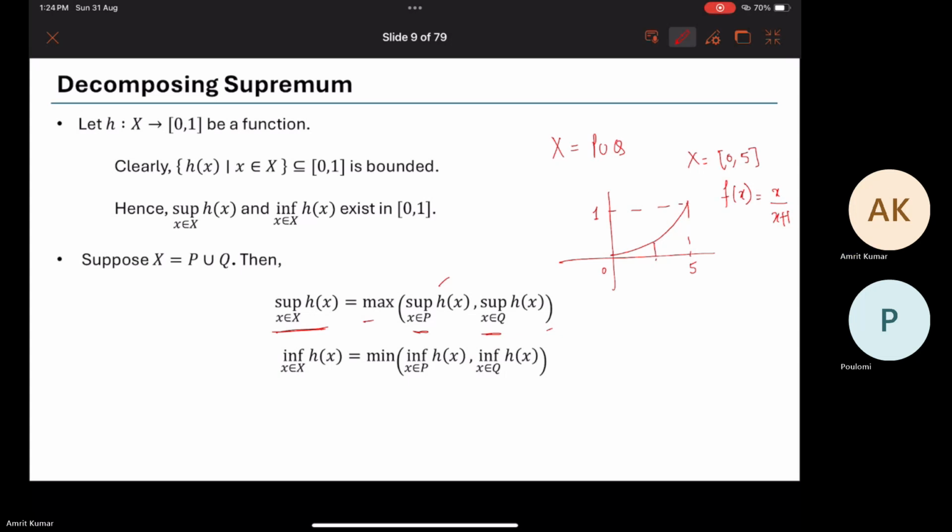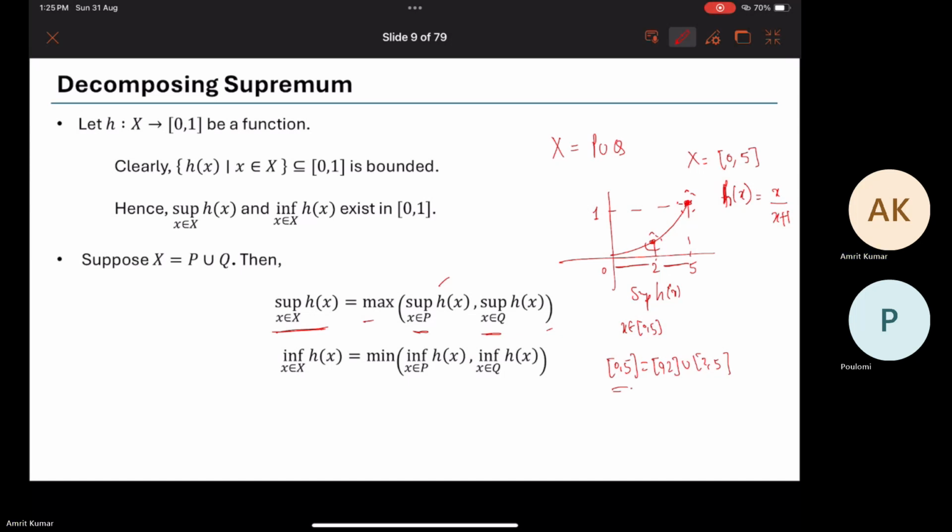Now, if I have to take the supremum of h(x) over X = [0, 5], then since [0, 5] is the union of [0, 2] and [2, 5], I can first look at the function h(x) over this interval, and its supremum is this point. Then I look at the function h(x) in this interval, and it turns out the supremum is this point, and then you simply take the maximum of these two. And that would give you the supremum over the entire [0, 5].